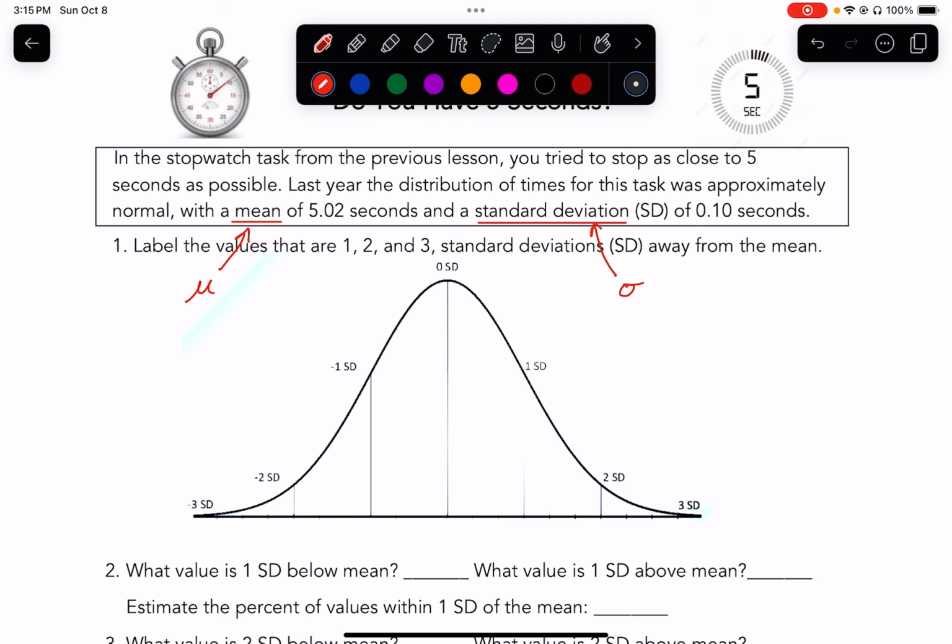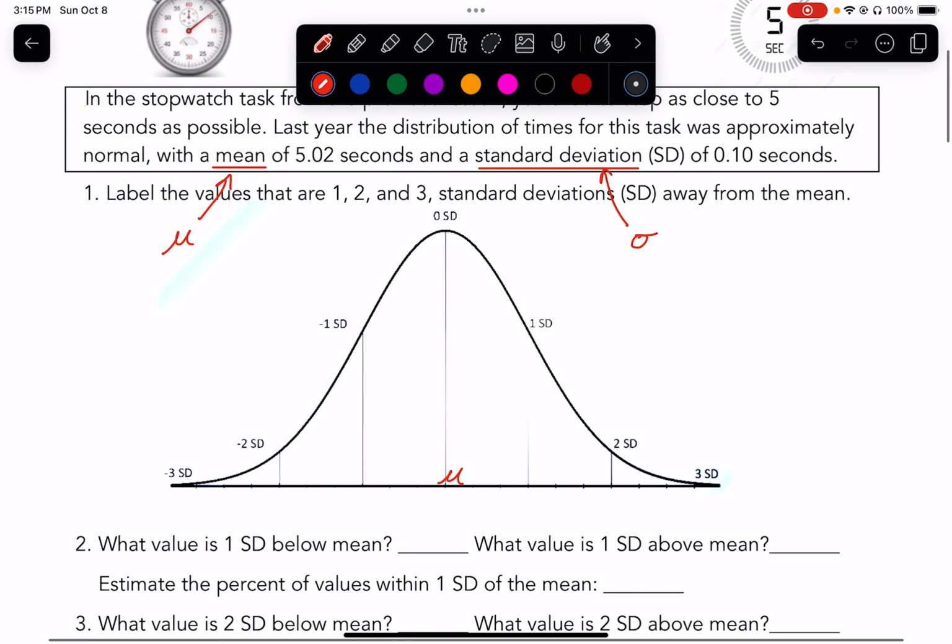And so question 1 says label the values that are 1, 2, and 3 standard deviations away from the mean. So our mean, if we recall, is this center line, in the center of our distribution. Right there in the middle of our hill, we have our mean of 5.02.